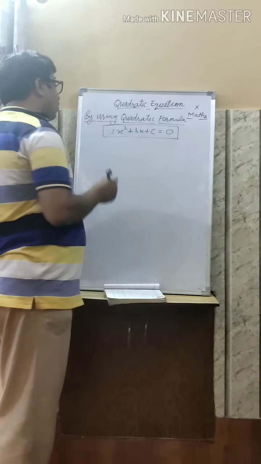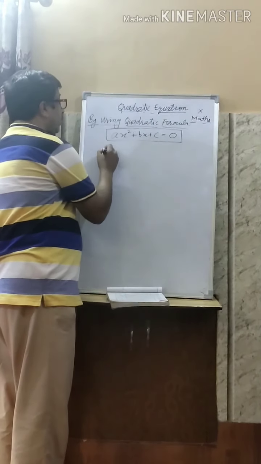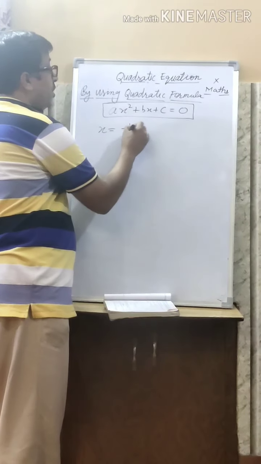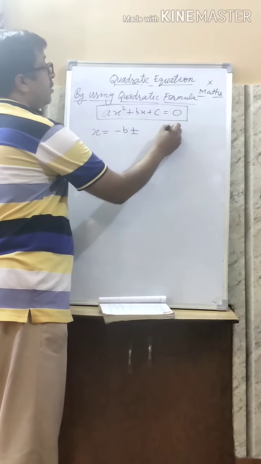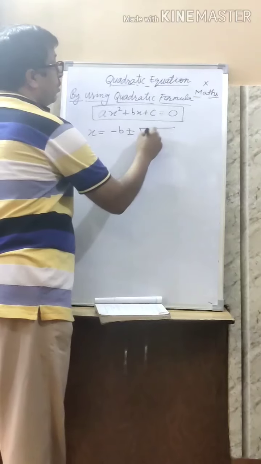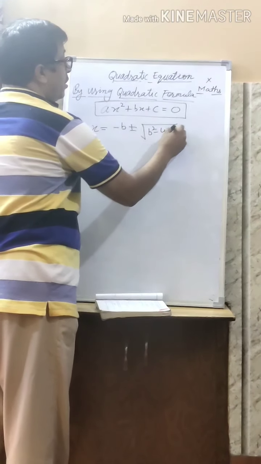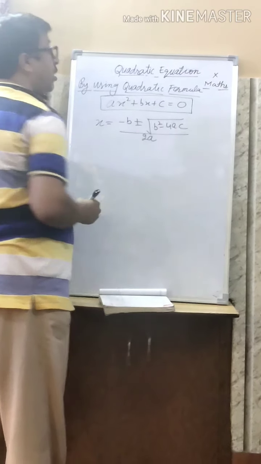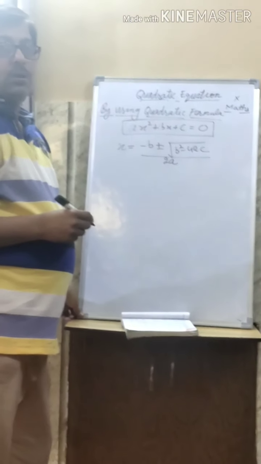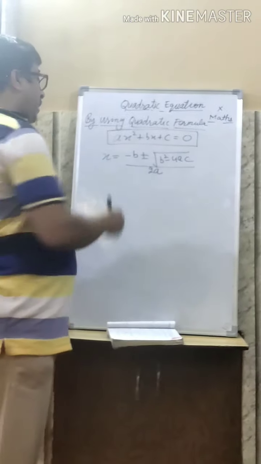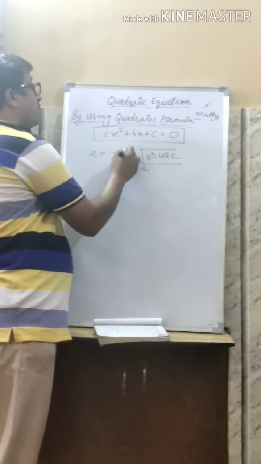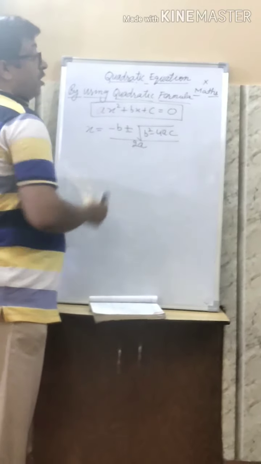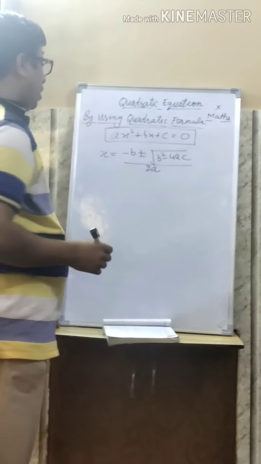You learn this formula: x is equal to minus b plus minus under root b square minus 4ac upon 2a.